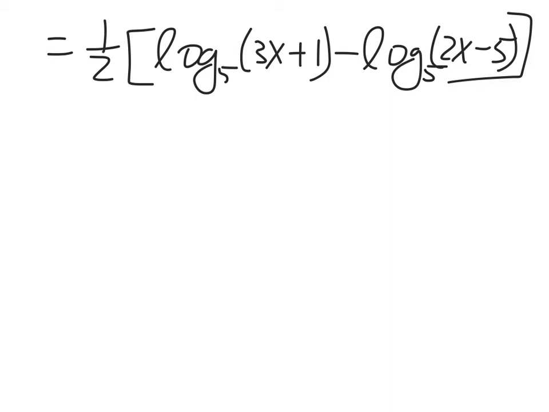And this is still the original function, but in a much easier form to take the derivative of. Now, as we take the derivative, well, we'll have the 1/2 still be part of the derivative answer, and then the log of 3x plus 1 base 5, derivative there.